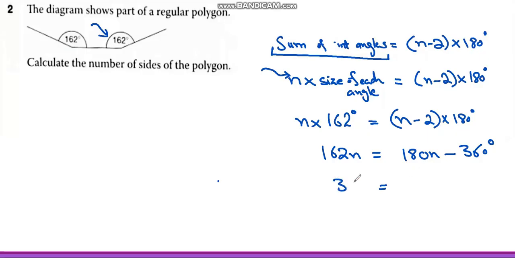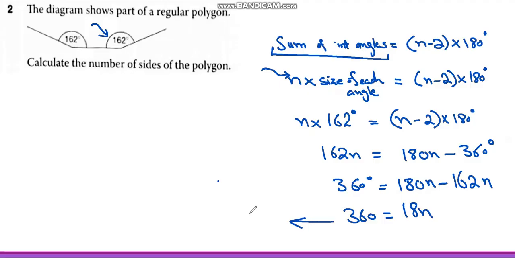We bring 360 degrees over here and 162n to the other side and subtract it, and that will be 18n. Now let's divide both sides by 18. So n, the number of sides, will be 360 divided by 18, and that is 20. It means the shape has 20 sides, so n equals 20. Now let's proceed to the next question.